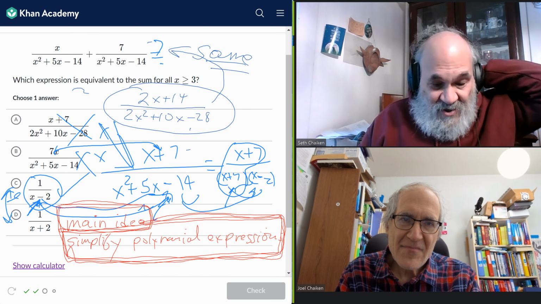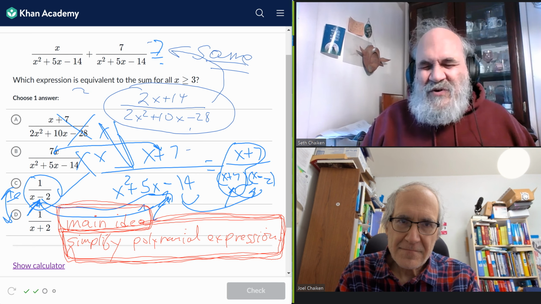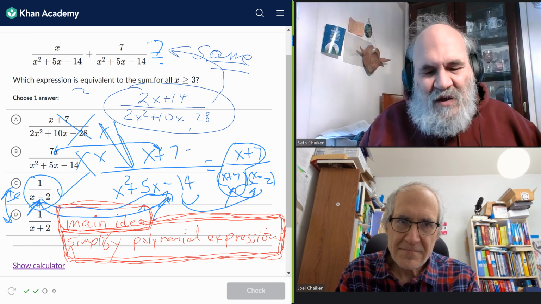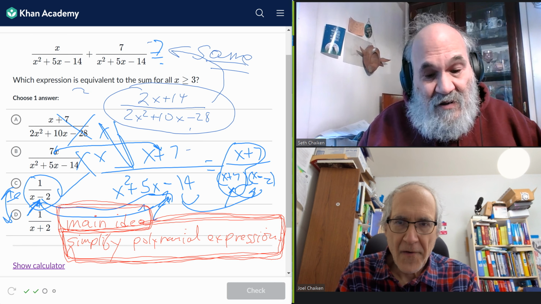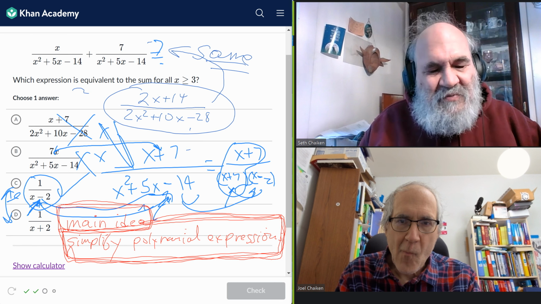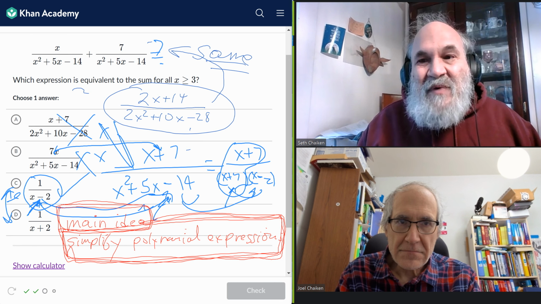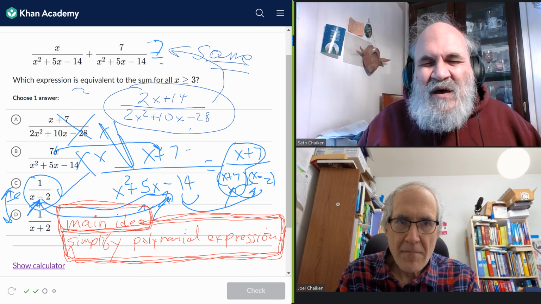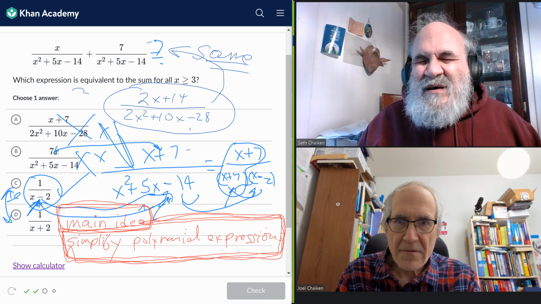I think generally, from a calculational point of view, and it's often the case in these simple math problems, discovering that two expressions are not equal is easier than proving that two expressions are equal.